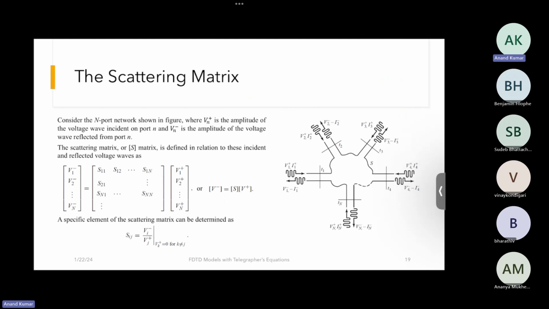So now we saw in this slide that V plus and V minus and I plus and I minus are the quantities at each reference plane, and if you arrange them again in matrix form, the reflected voltages can be calculated from the scattering matrix and the incident voltages, or you can just write them in short like this, where each entry can be calculated from this expression.